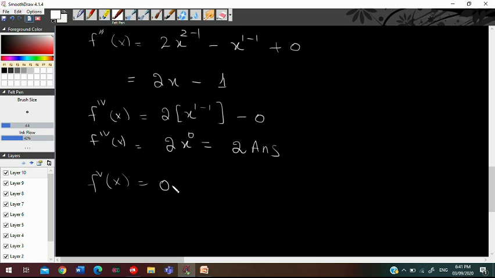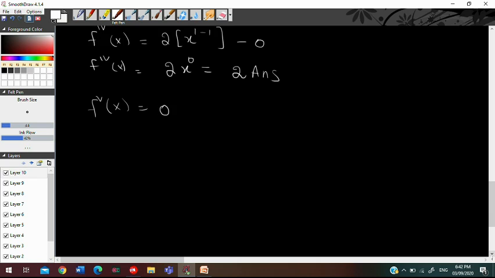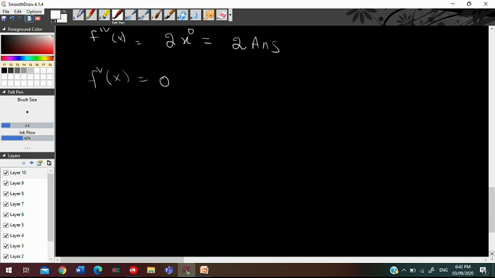So this is the end of the story. There are no more terms on which we can apply the derivative. So these are the 5 derivatives which we have found from this function. These are the successive derivatives of the given function.